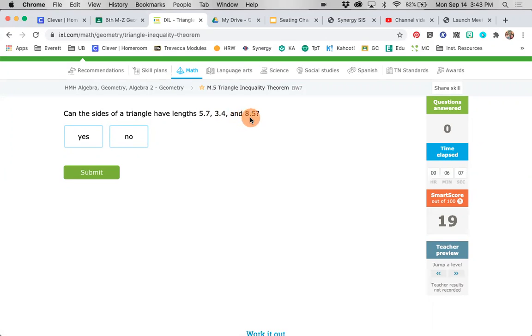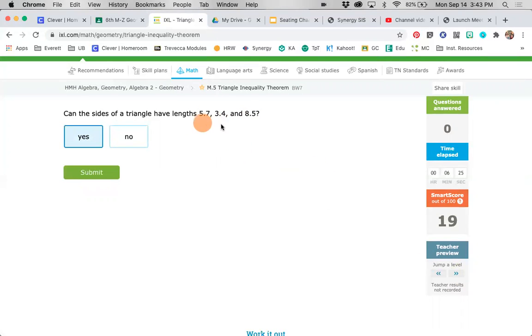This number should be smaller than 9.1, and it is. Since it is, I'm going to go ahead and subtract 5.7 minus 3.4, and I get 2.3. So this number should be larger than 2.3, and it is.